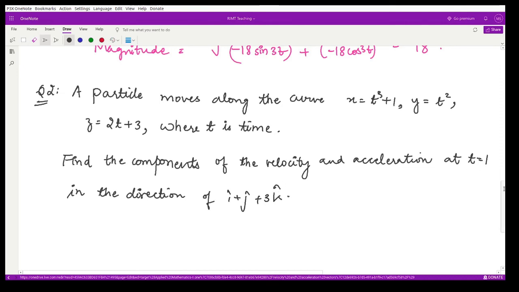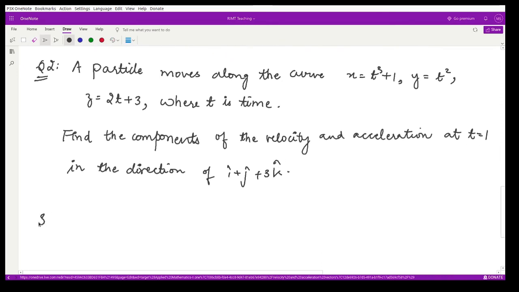So this is what you are asked here. For the solution, we will first calculate the components of velocity and acceleration at the point t is equal to 1, and then we will evaluate those components along this particular direction.